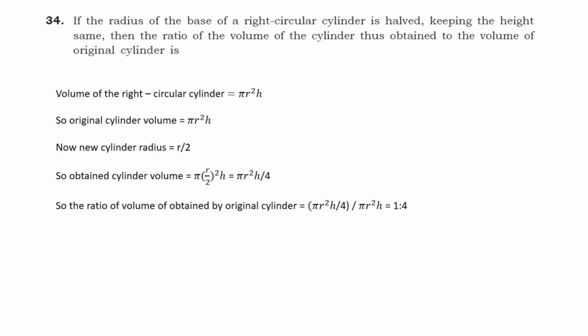So the original cylinder volume is pi r square h. Now the new cylinder radius is halved, means r by 2. So the obtained cylinder volume is pi into r by 2 whole square into h, means pi r square h by 4. He needs the ratio of volume obtained to original. Don't confuse. He asked the ratio of volume obtained to the volume of original, not volume of original to the volume obtained. So by substituting, you can get the ratio as 1:4.